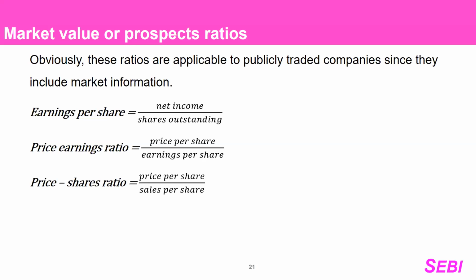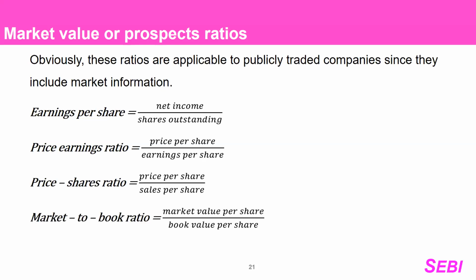Then there's the price to sales ratio. This says the price per share divided by sales per share. Sales per share is the top line figure, what we sometimes call revenue, divided by the number of shares outstanding, or in circulation. Please explain it once more. Right.